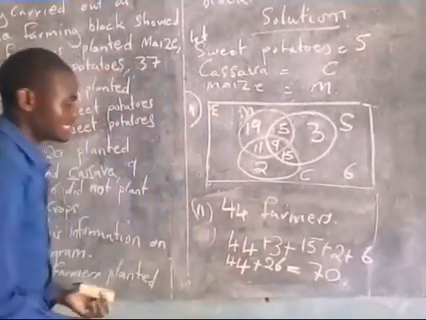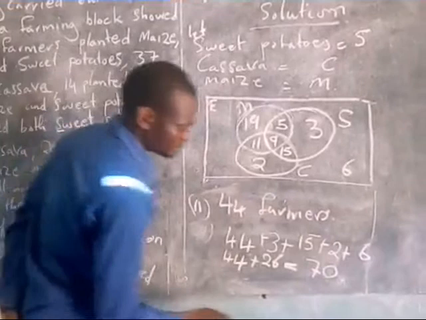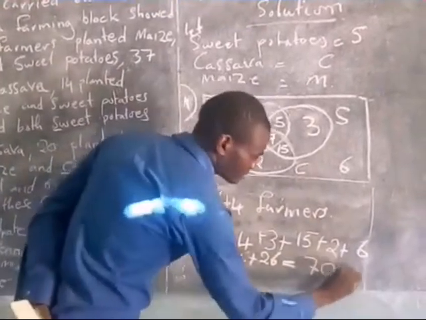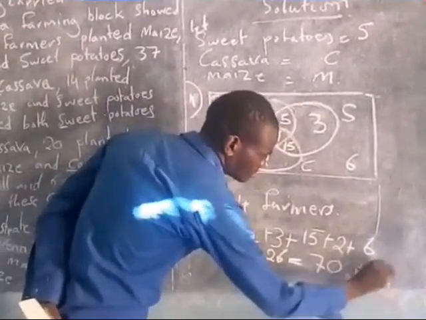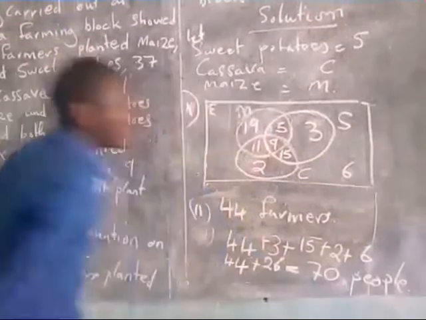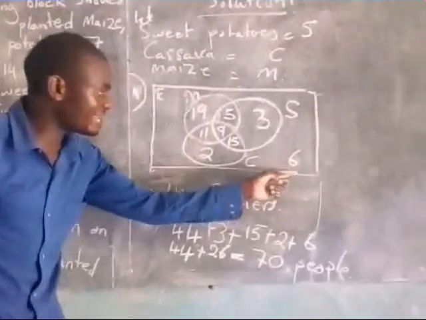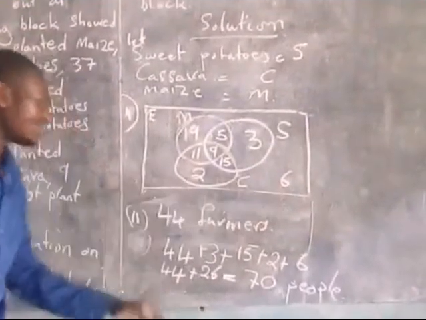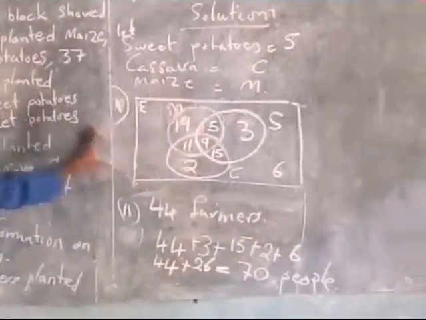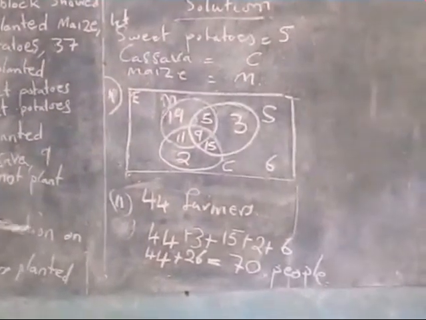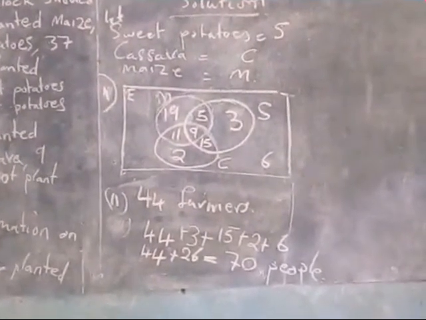So it means that 70 people were at this farming block, including these 6 who were not farming anything, but as long as they belong to this group. So we have 70 people in the survey.